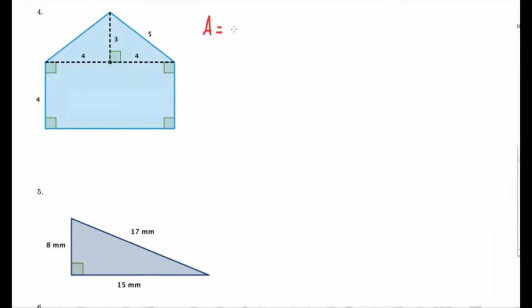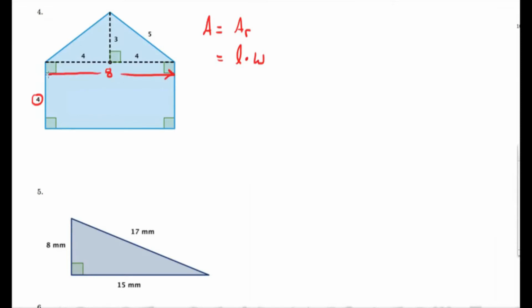So we have the area of the rectangle, I'll just say A sub r, and I'm going to have to add the area of this triangle. We know the area of a rectangle is the base times the height, or length times width. I've got the width here is 4, and I know that this part is 4 and this is 4, so that means this entire length would be 8.